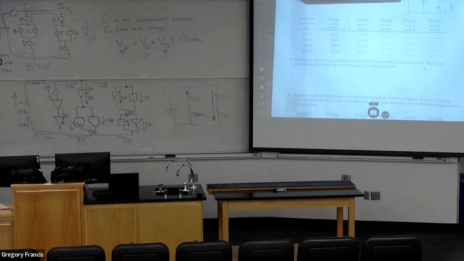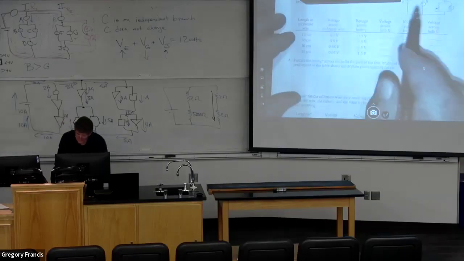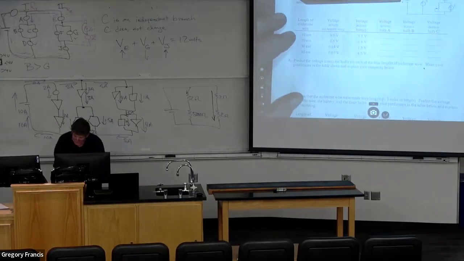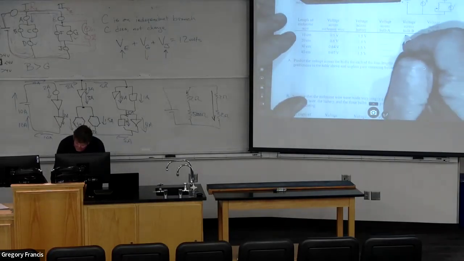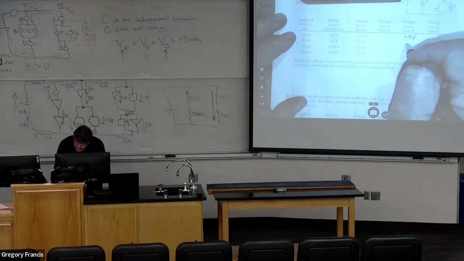Connecting wires we assume are perfect and have no resistance whatsoever. But nichrome has resistance, and the longer the nichrome, the more the resistance. And so what I know is that bulb B is parallel across the battery, and so the voltage across bulb B has to stay 1.5 volts.